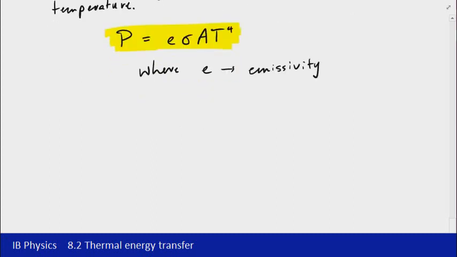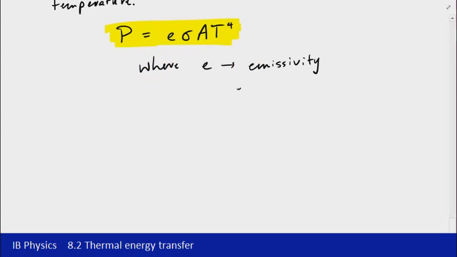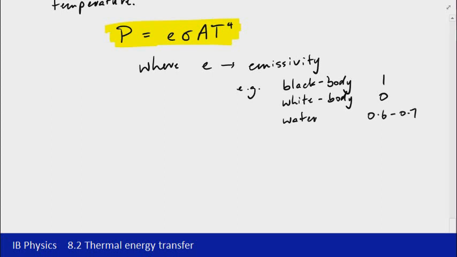To give you a bit of an idea, some examples of emissivity. So obviously a black body is going to have an emissivity of 1. A white body, so an object that completely reflects all of the radiation falling on it, would have an emissivity of 0. Some other substances then, things like water, somewhere between 0.6 to 0.7.